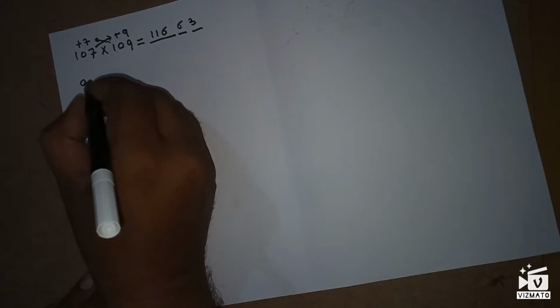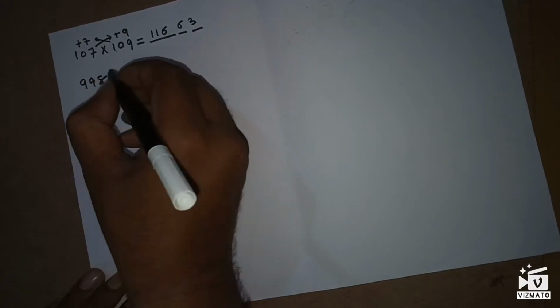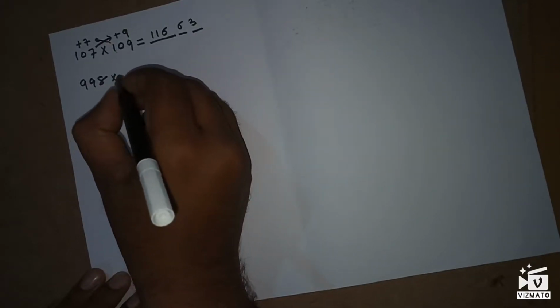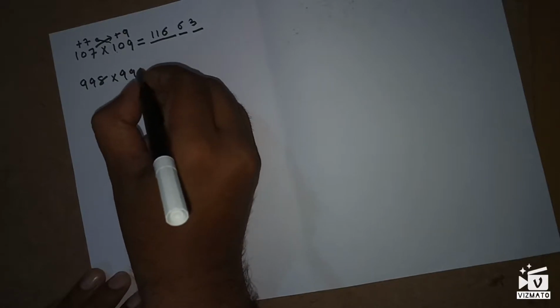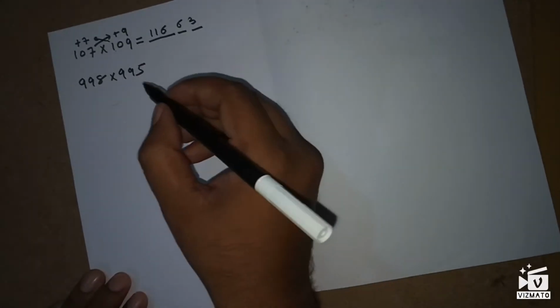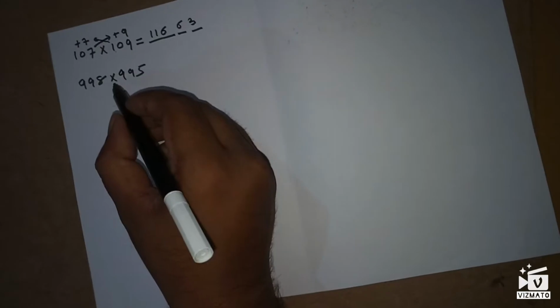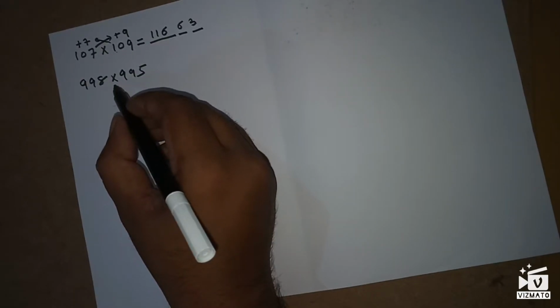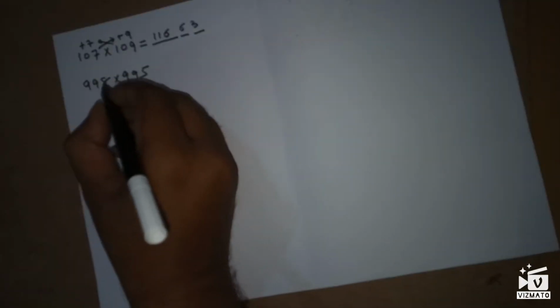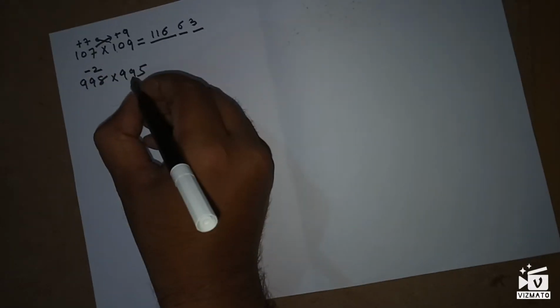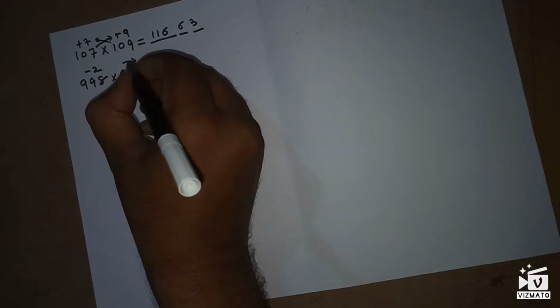We multiply 998 into 995. Here the base is 1000. 998 is 2 less than 1000, we write a minus 2 here. This is 5 less, minus 5.